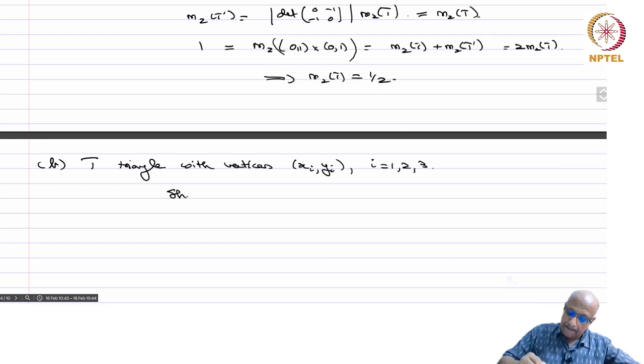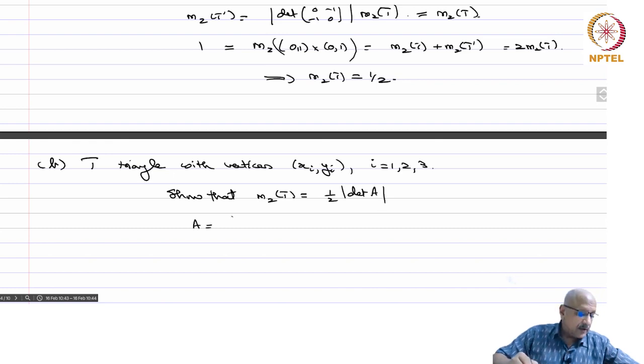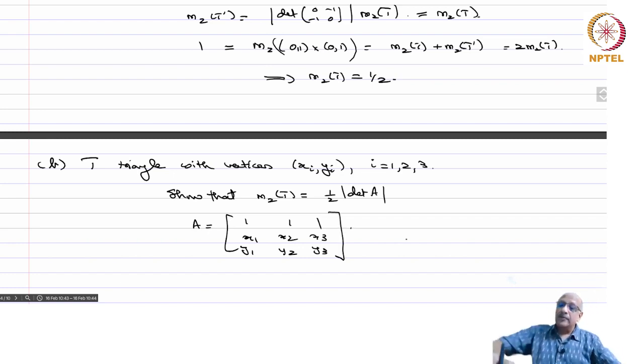Show that M2 of T is equal to 1/2 of the modulus of the determinant of A, where A is the matrix with rows 1 1 1, x1 x2 x3, y1 y2 y3. So this formula you would have been taught when you did analytic geometry: given the three vertices, how to find the area of the triangle. So we are going to formally prove this formula here.